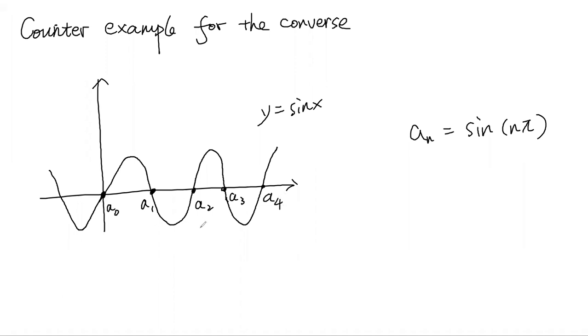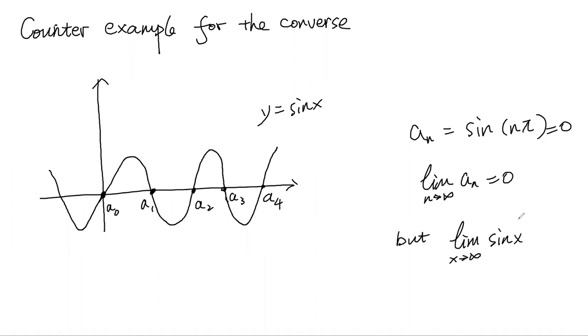So you can see all the terms in this sequence are 0. So the limit of this sequence exists and is equal to 0. But the limit of sin(x) doesn't exist as x approaches infinity. This doesn't exist because it's oscillating.